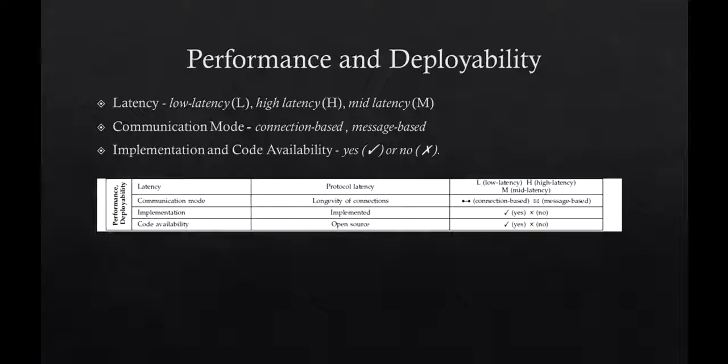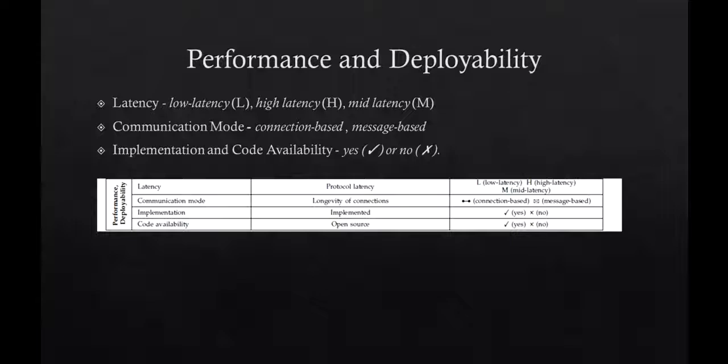Communication mode can be connection based or message based. Connection based is state is maintained for exchanging multiple data transfers. Message based means no state is maintained for further exchange of messages. That is, when you are talking about short time relay message, you use message based.